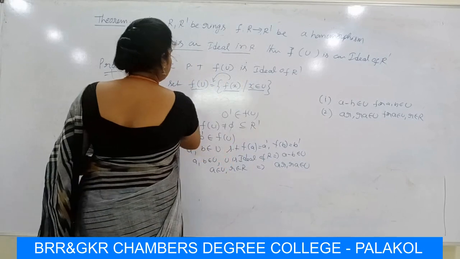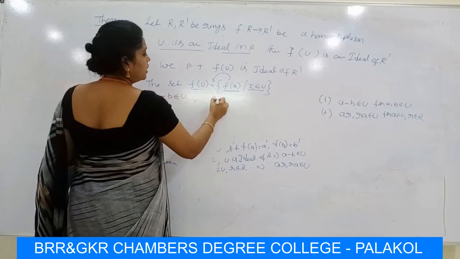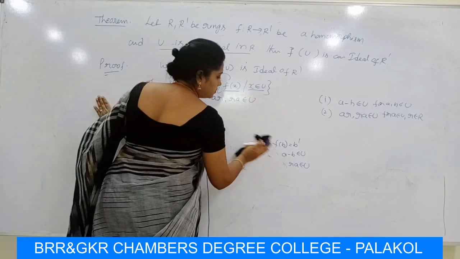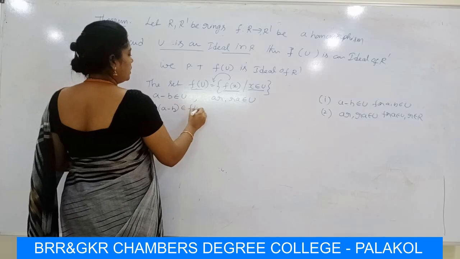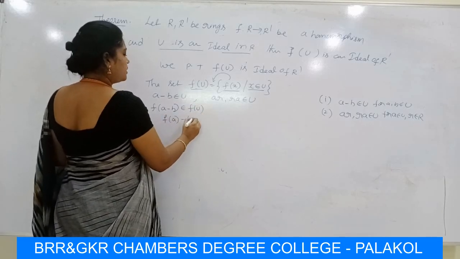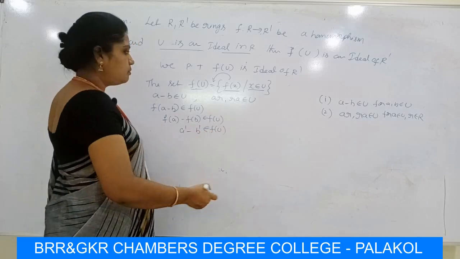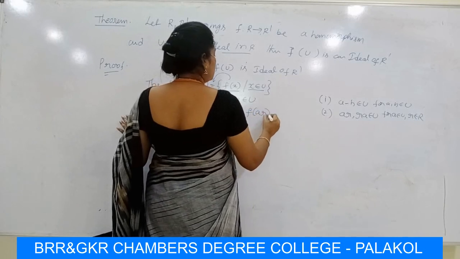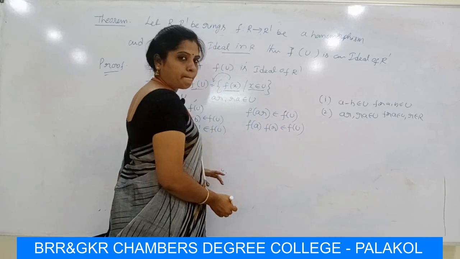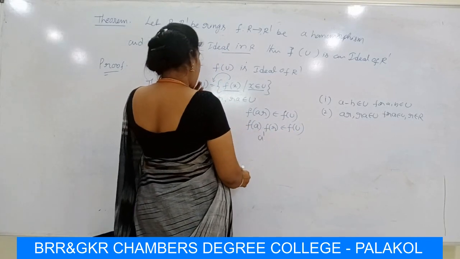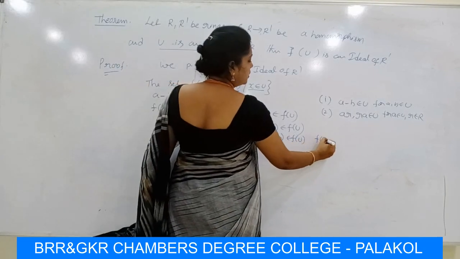From this, a minus b belongs to U and ar, ra belong to U. Therefore we apply f: f of a minus b belongs to f of U. So f of a minus f of b belongs to f of U, that is a dash minus b dash belongs to f of U. Similarly, f of ar belongs to f of U. Since f is a homomorphism, f of a into f of r belongs to f of U. Here f of a is a dash, and f of r is an element of R dash.